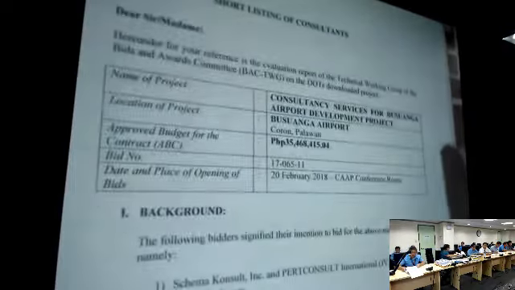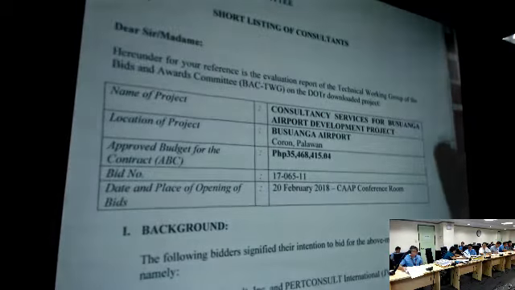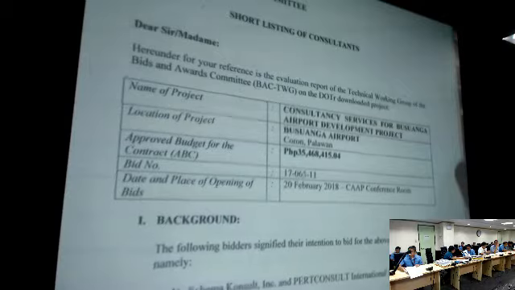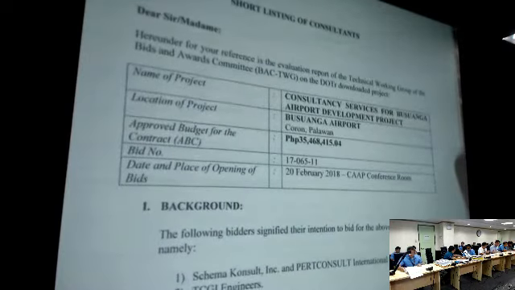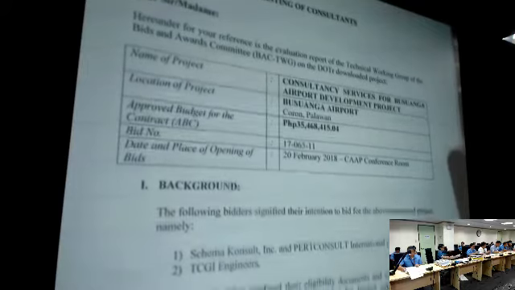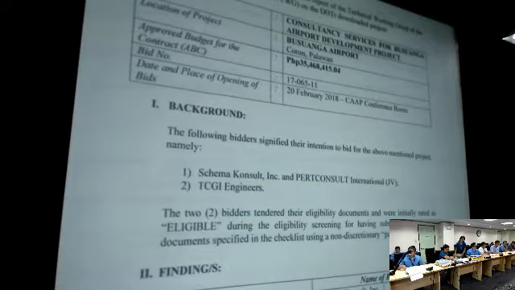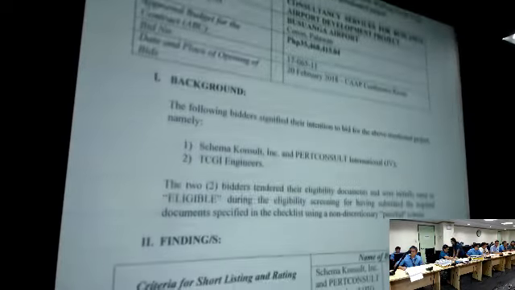Sir, next in the agenda is the presentation of the shortlisting of consultants for the consultancy services for the Busuanga Airport Development Project. The shortlisting was opened last February 20, 2018, and there were two bidders who submitted their eligibility requirements, namely Schema Consult Incorporated and Fred Consult International Joint Venture and PCGI Engineers.